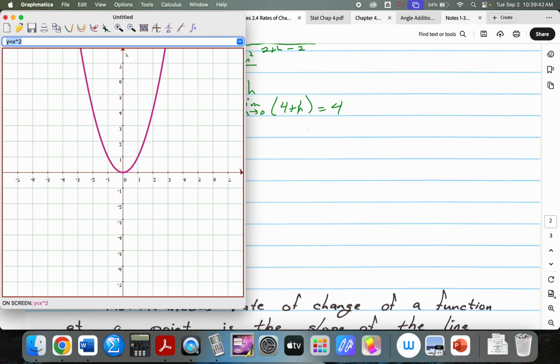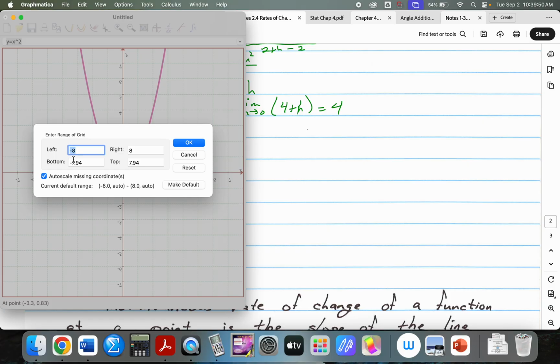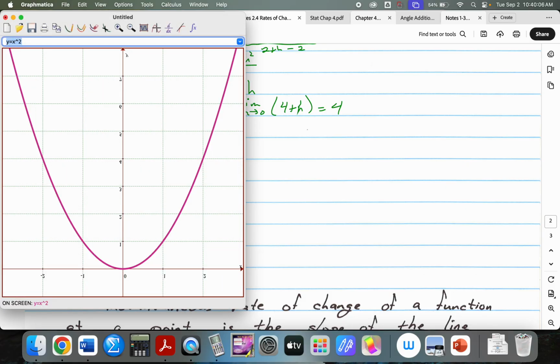So it looks like that, right? All right. And I'm going to rescale this. Let's not go quite so far left and right. Let's say we go from -3 to 3, and from -1 to 8. So it's not quite square anymore, but you get the idea.